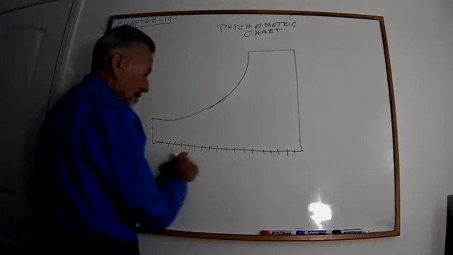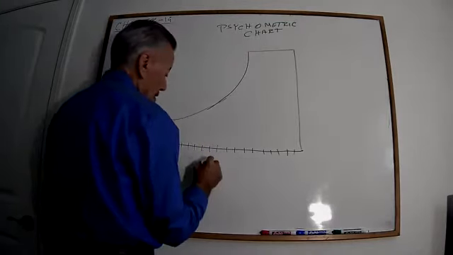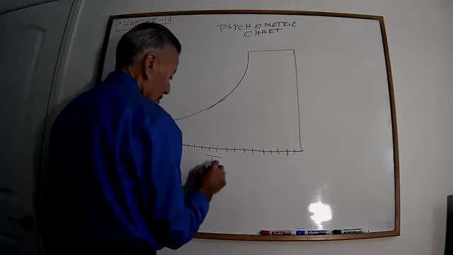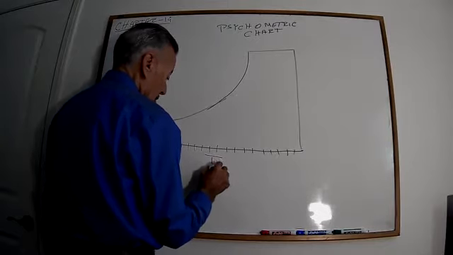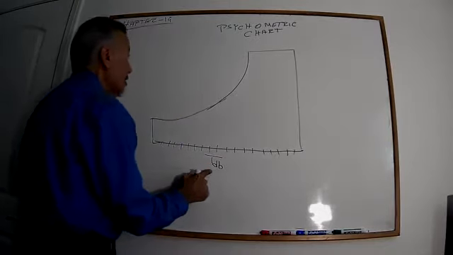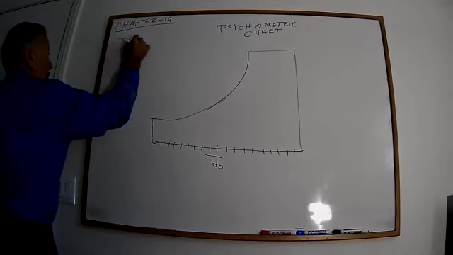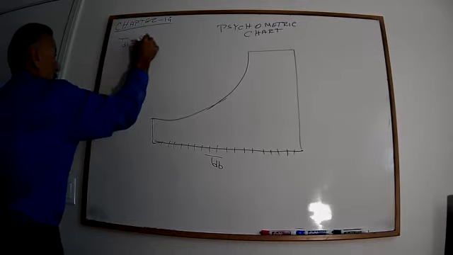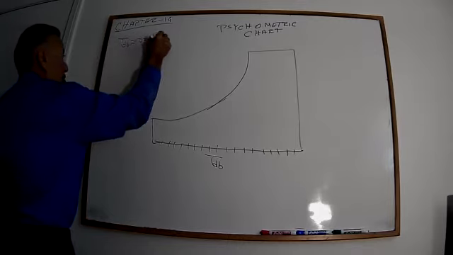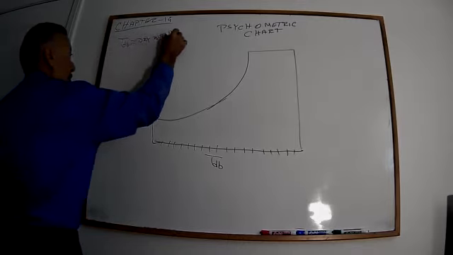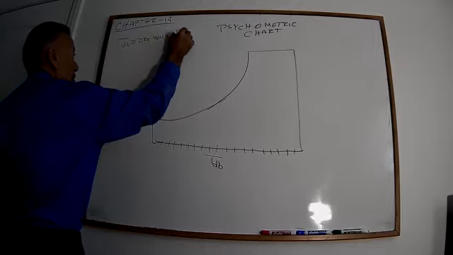Now, this axis of the chart is called TDB, is dry bulb temperature.